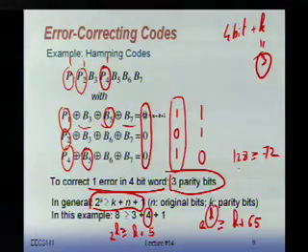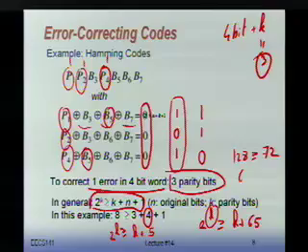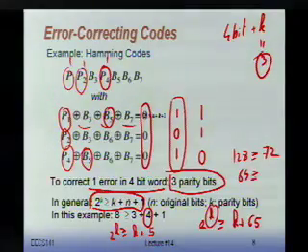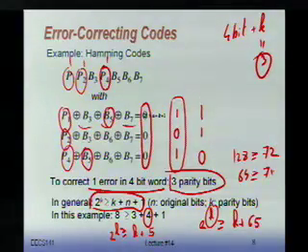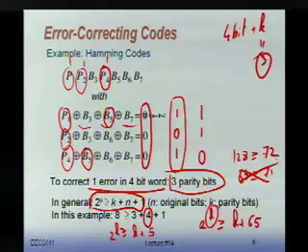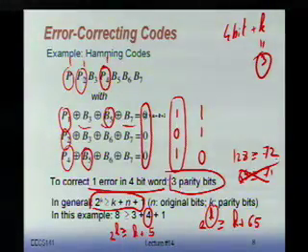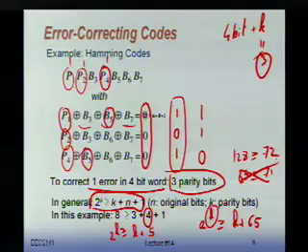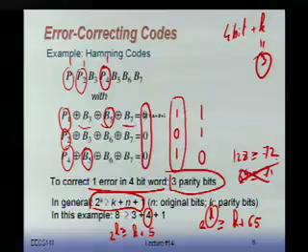Clearly, 6 wouldn't do, because that would give us 64, which is definitely not larger than 71. So it has to be 7 bits. So in our case, a single word is now going to be extended from 64 bits to 71 bits. I get 71 bits coming out of the memory, and I have to feed them into my decoder and my corrector to get the output.